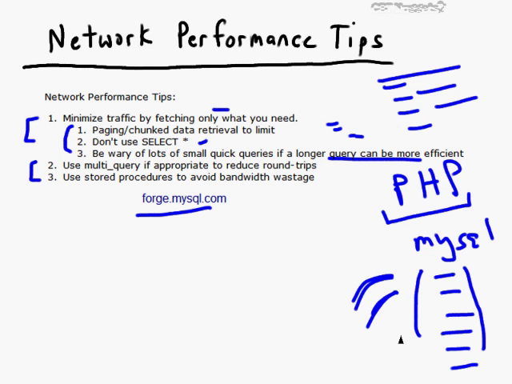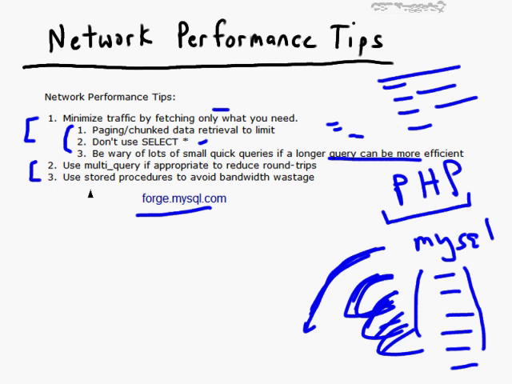Opening a connection to MySQL, closing it. Those are separate round trips to and from the server. When you use a multi-query method, you're making a single pipeline to MySQL and then keeping that tunnel open while you execute multiple queries, you see? Again, that's enhancing network performance.